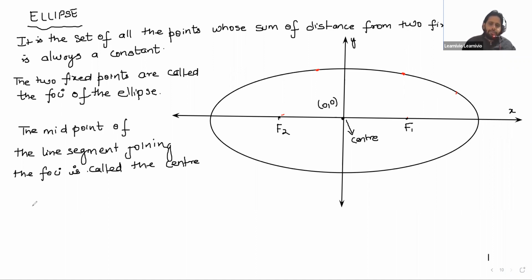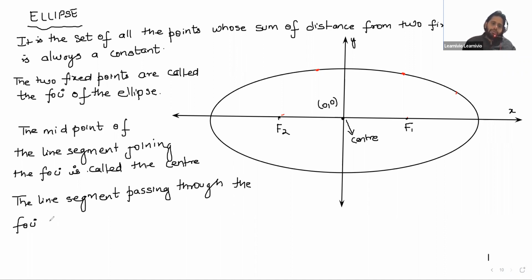Then there is a major axis. What is a major axis? The line segment passing through the foci is called the major axis.